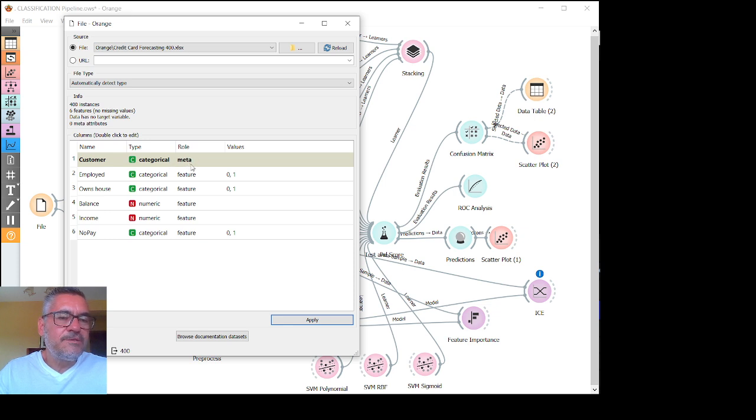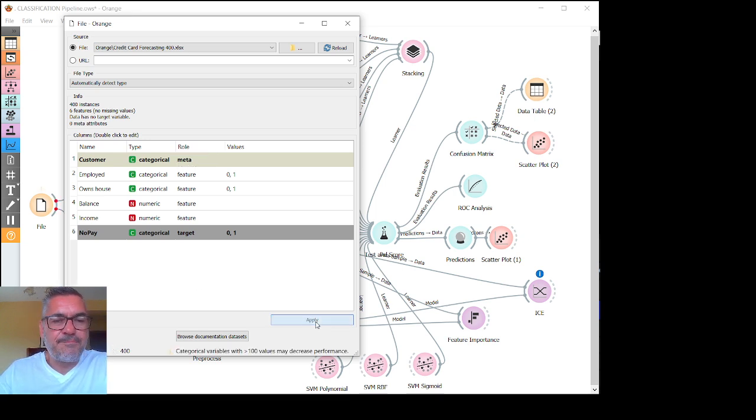Now, just as we did with the customer, that we marked as meta and not an actual feature, now we're going to mark the no pay as our target variable, because this is the variable that we want to forecast. Okay, we can press apply here, so we can get the data. Okay, now the data are imported in Orange.